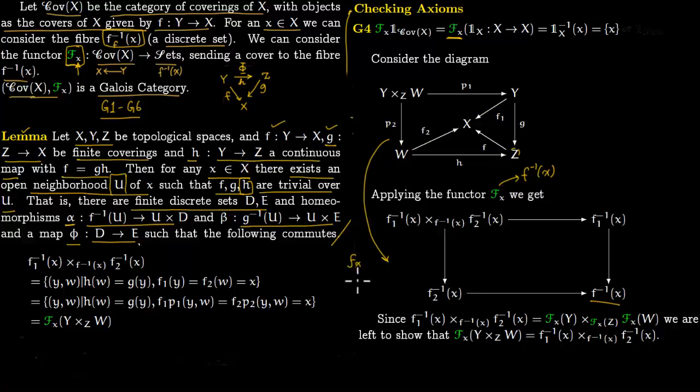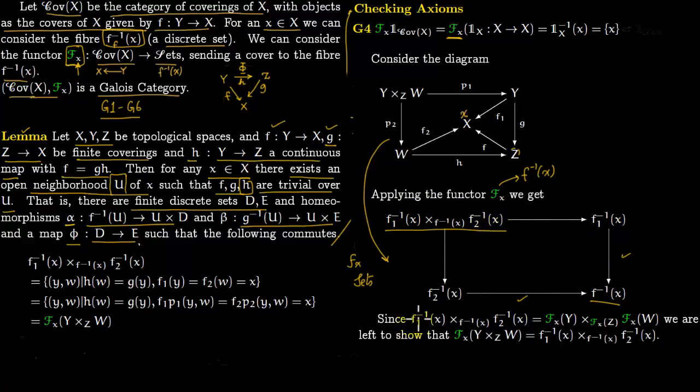So now we are sitting in the category of sets. So corresponding to this covering, you have the small x here. You have f1 inverse of x. Corresponding to this map, you have f2 inverse of x. And then you form the fiber product like this. Over these two maps, you form the fiber product.